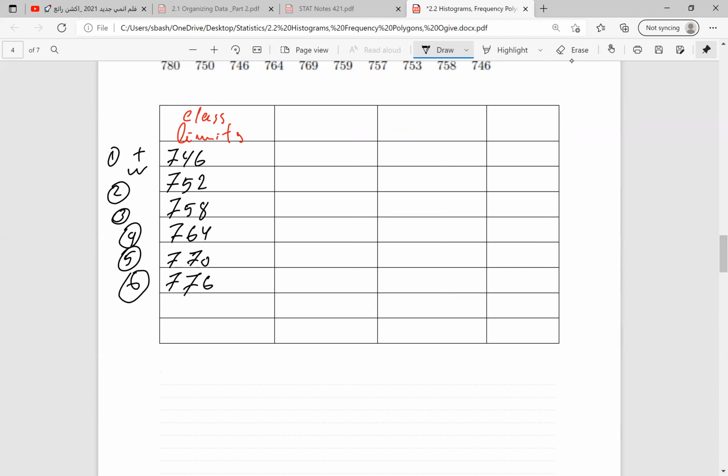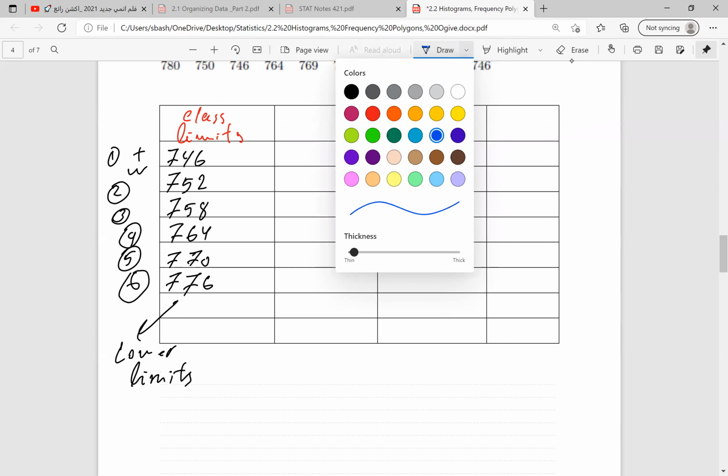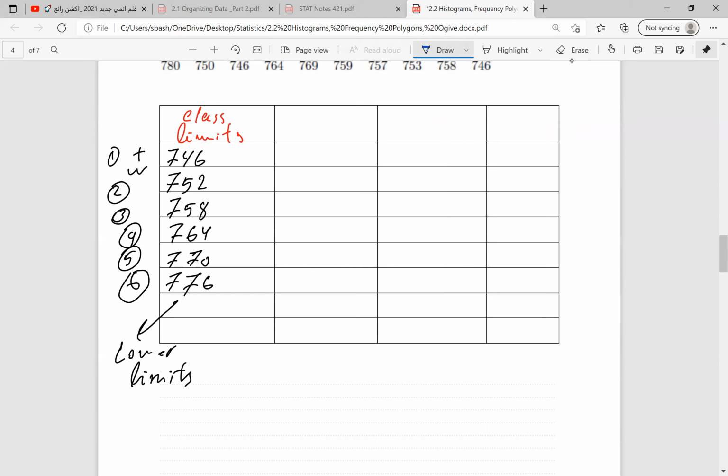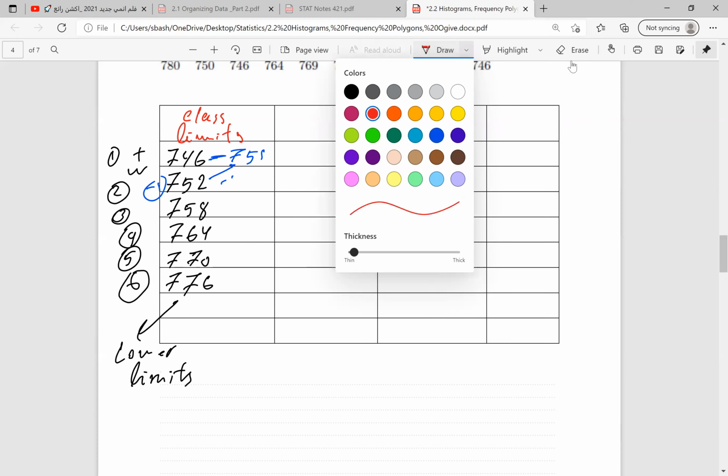Now these are the lower limits. Now I need to write the upper limits. The upper limit will take the lower limit of the second class and deduct 1. Just take 1 from this one, so it will be 751. This will be the first upper limit in the distribution.